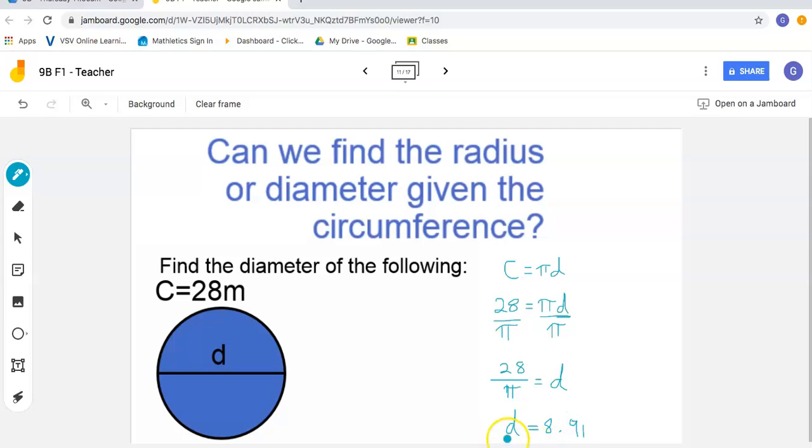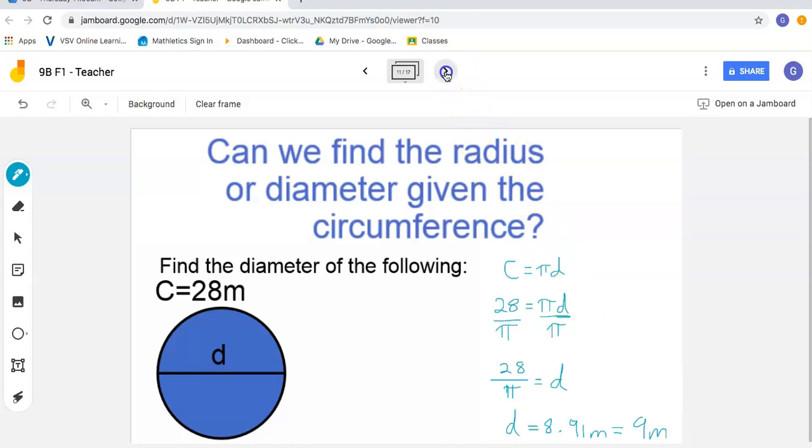So the diameter is 8.9 meters. Or if you round it up to a whole number, it could also be just 9 meters. Those two answers are correct.